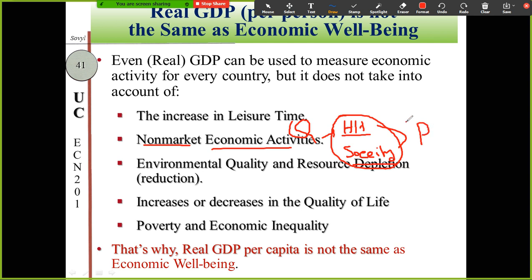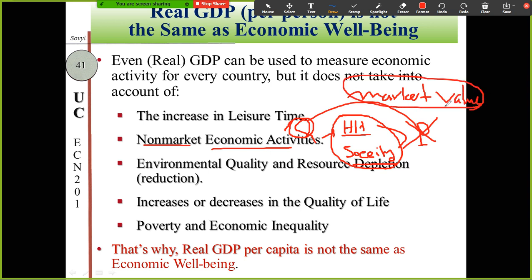Not in the market, you cannot find a market price. If you have Q but don't have a price, you cannot find market value. If you cannot find market value, you cannot take it into real GDP, because GDP is a total market value. That's why this quantity cannot be taken into GDP.